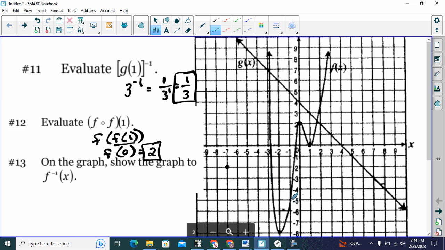We've got a point right about here at negative 1, negative 5. That's at negative 5, negative 1.